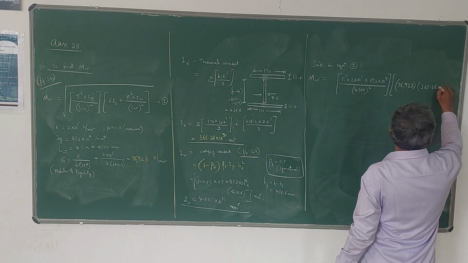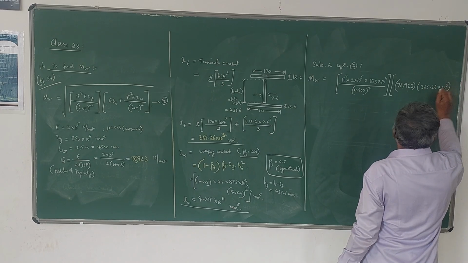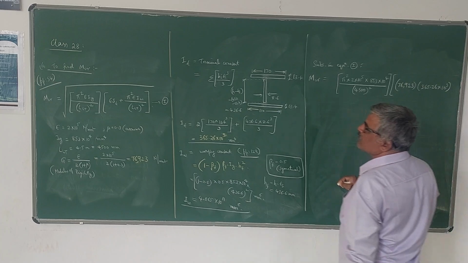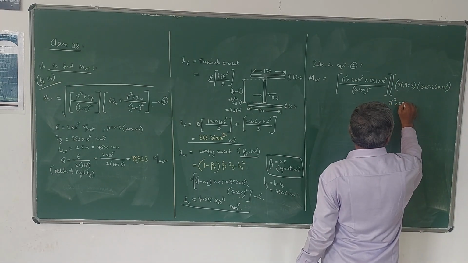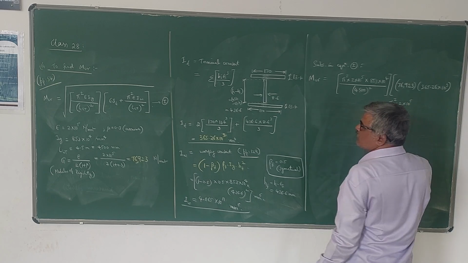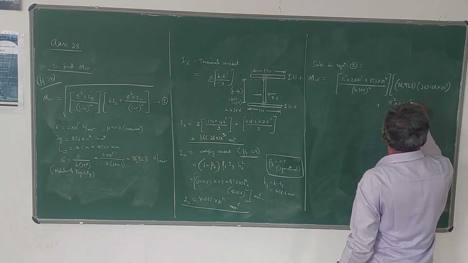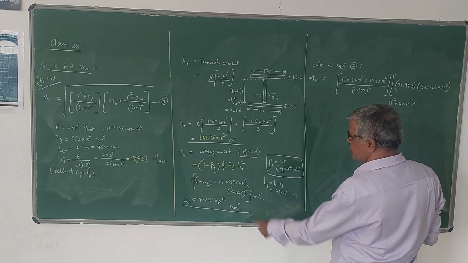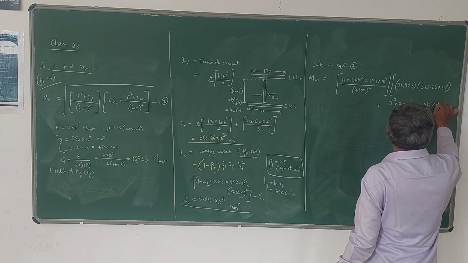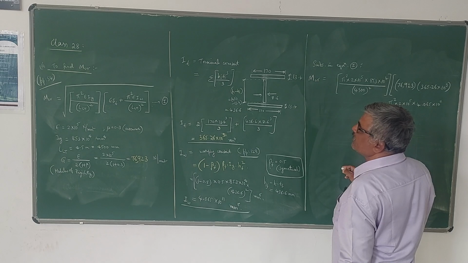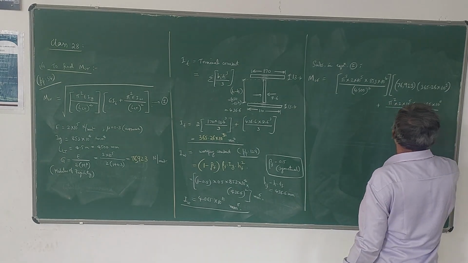into 10 power 3, then plus pi square into E is 2 into 10 power 5. Do carefully because number of terms are more. Into IW is this value 4.065 into 10 power 11 divided by 4500 square.